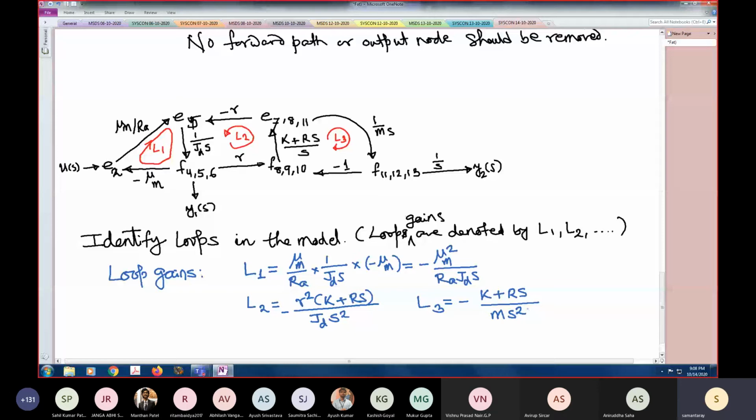So is it clear how these loop gains are calculated? So we have these loop gains. One thing I will tell you, for a stable system, all loop gains must be negative.